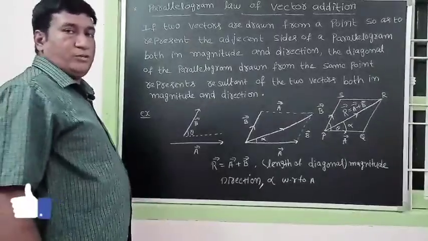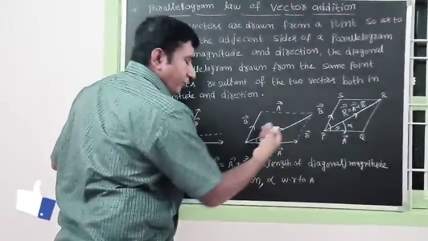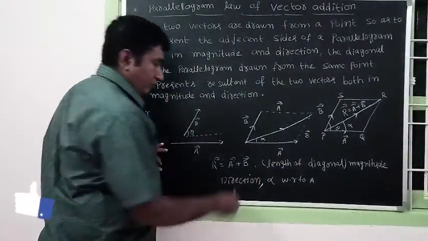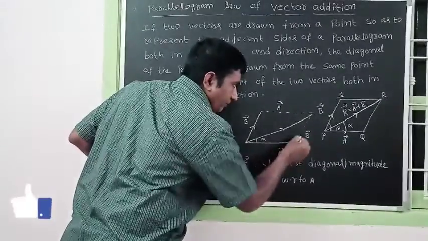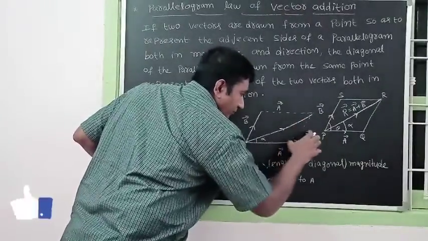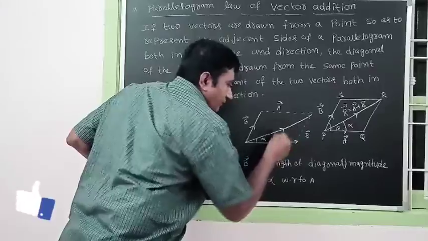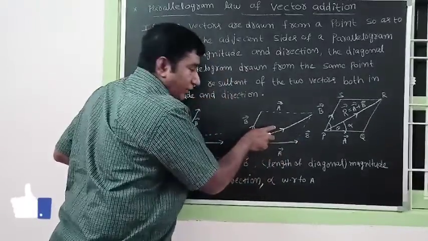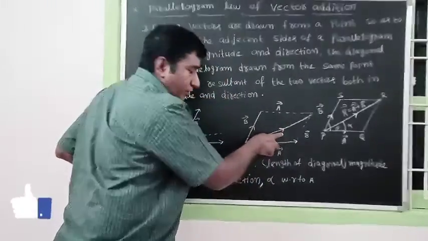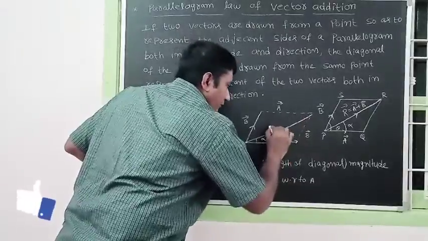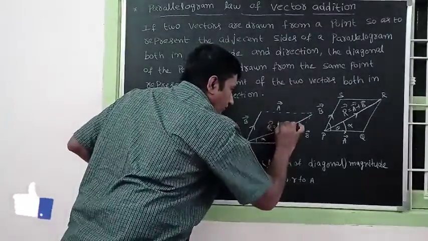If you observe clearly, here also you can observe the triangle. In the same order, A to B, then the third side of the triangle is in the opposite order, which is the resultant R vector.